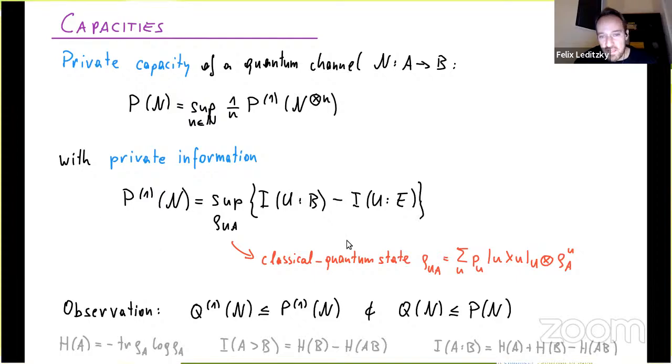And from writing the two information quantities like this, it's immediately obvious that the two are bounded by each other. So because the optimization for the private information contains the optimization for the coherent information, it's always at least as big as that.